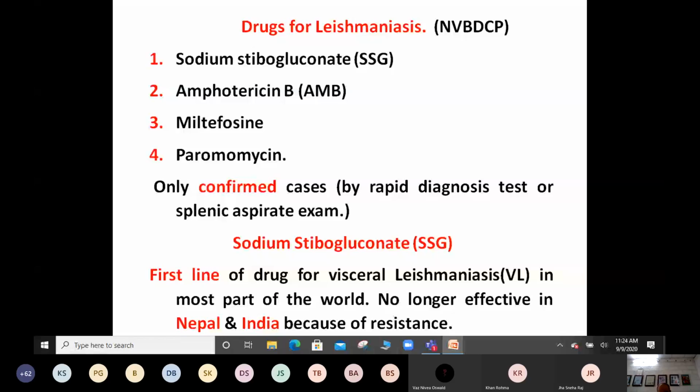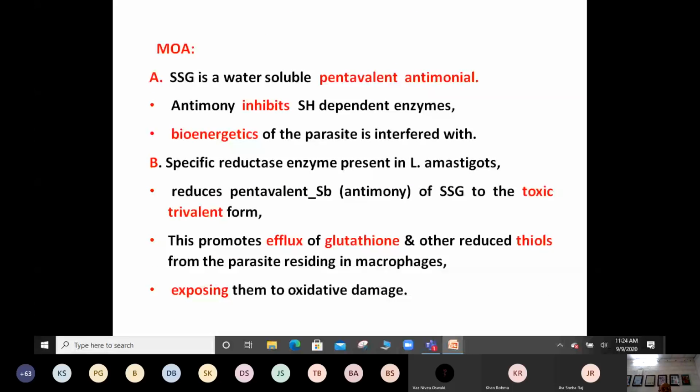Now coming to the mechanism of action. Sodium stibogluconate is a water soluble compound. What is its chemical nature? It is an antimonial compound, a pentavalent antimonial compound. Now this antimony inhibits sulfhydryl dependent enzymes in the parasites.